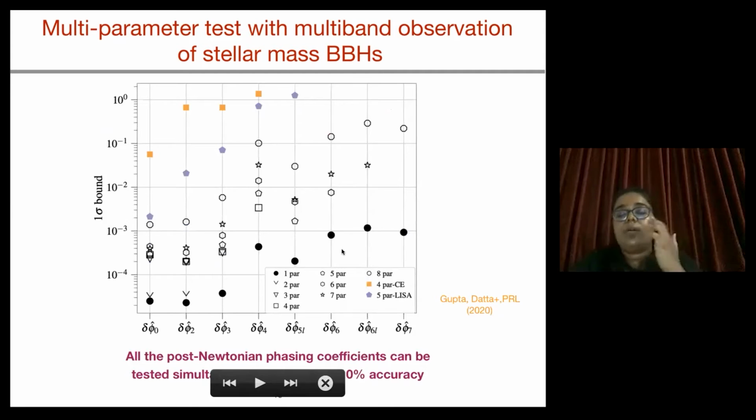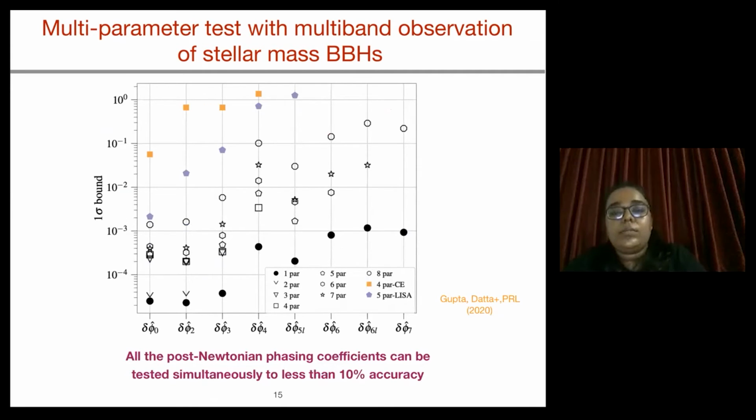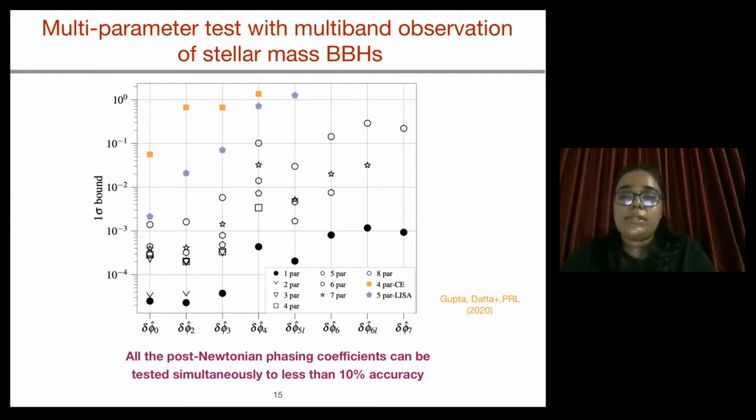And this is the plot that shows the measurements from various multi-parameter tests. The black dots are from the one parameter test, and as you keep adding more and more of these deformation parameters, going to higher multi-parameter tests, your bounds worsen for the obvious reason that you're increasing the number of parameters in your system.